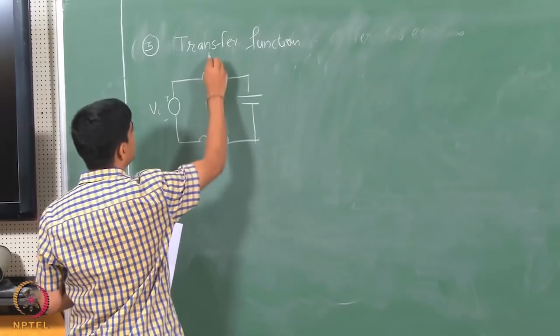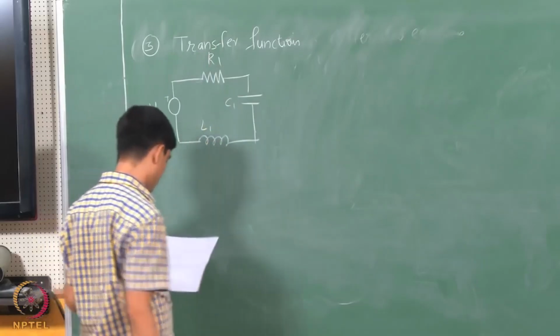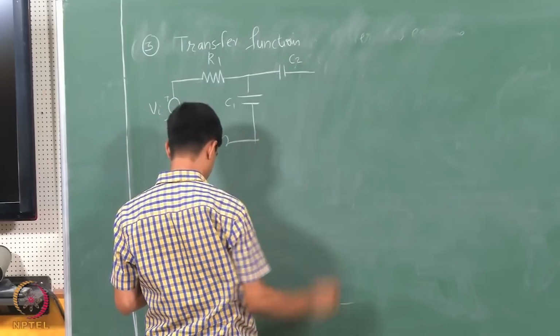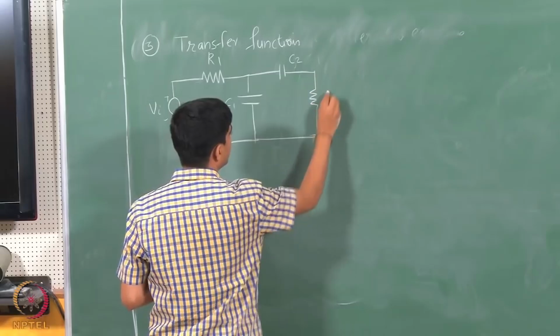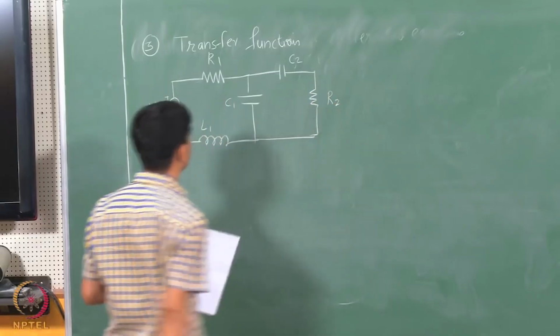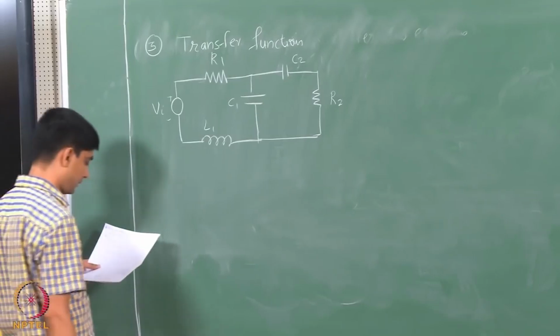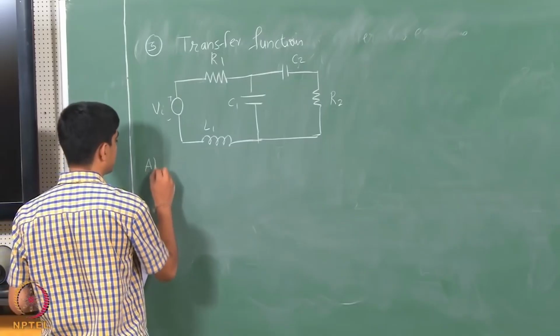So, I will call this as R1, the capacitor C1, L1, this would be C2, and this is R2. Okay. So, all initial conditions are 0, right, that is the assumption I will make.